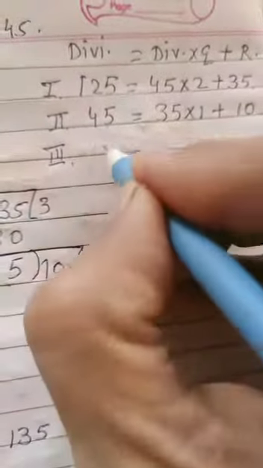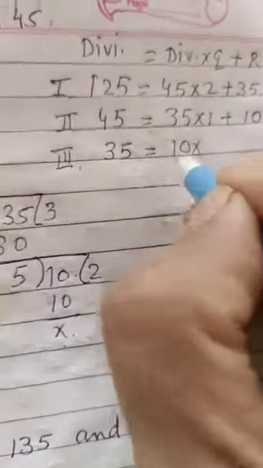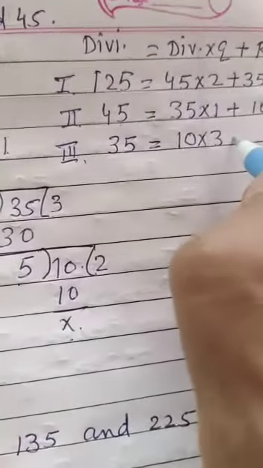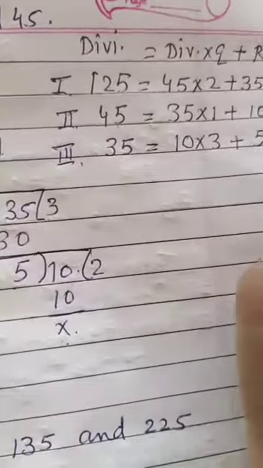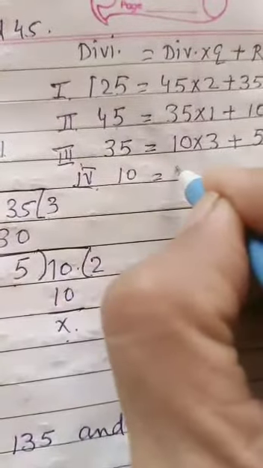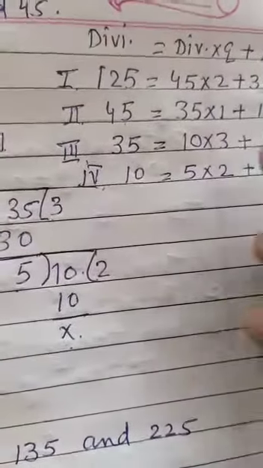The next dividend is 35 and this can be written as 10 into 3 plus remainder 5. The fourth step is 10 can be written as 5 into 2 plus remainder 0.